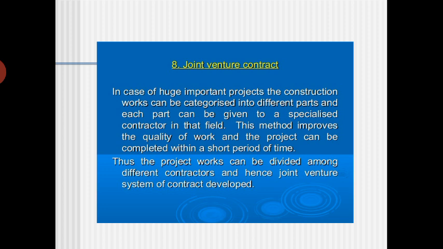This method improves the quality of the work, and the project can be completed within a short period of time. Thus the project work can be divided among different contractors, and hence the joint venture system of contract developed.